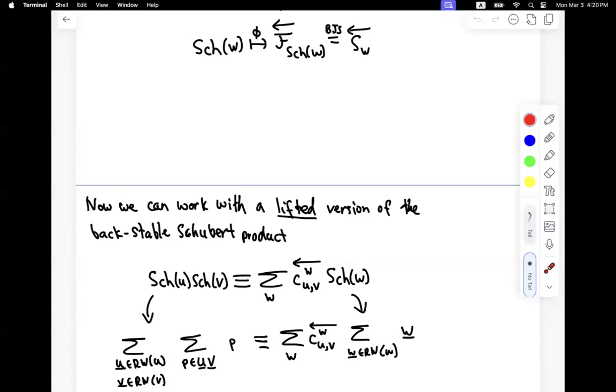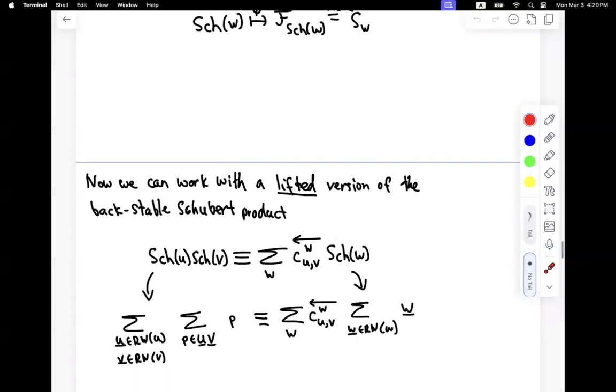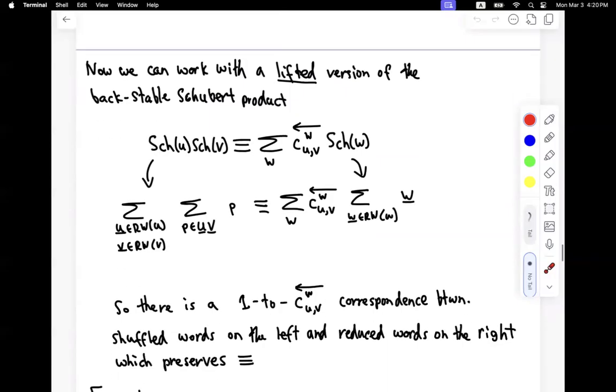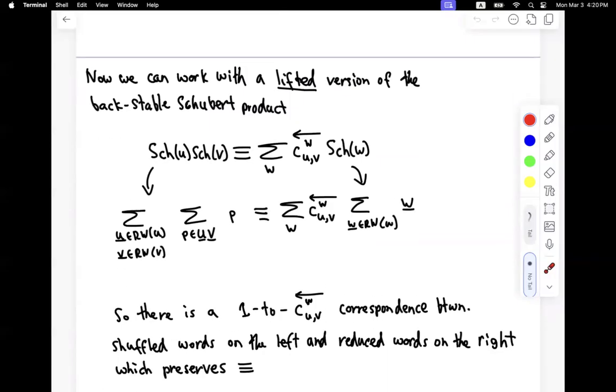And so when I expand both sides by definition, I get a sum over every reduced word of U and reduced word of V and every shuffle of U and V. So this is going to be a word with two colors. And then on the right-hand side, I have a sum over reduced words of W, and I just have this reduced word here. So it's a one-color word. And so what this means is that there's a multiplicity preserving, but otherwise bijective correspondence between the shuffled words on the left and the reduced words on the right. And this correspondence preserves bottom row equivalence.